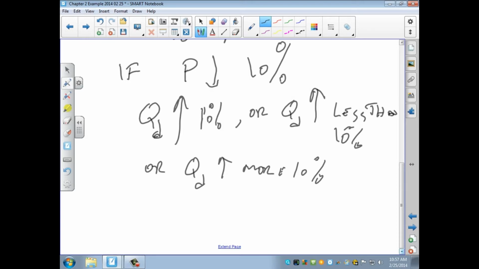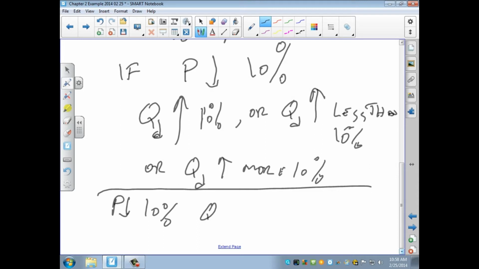So if, let's say in particular, price goes down by 10%, quantity demanded goes up by 20%.